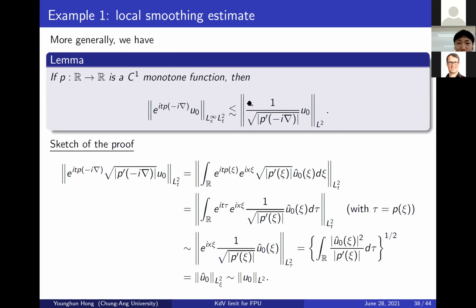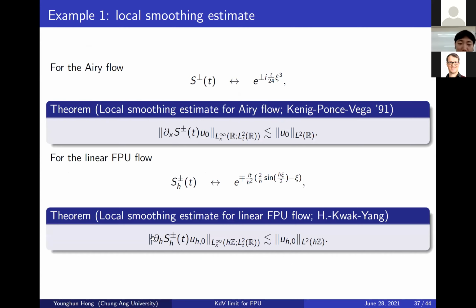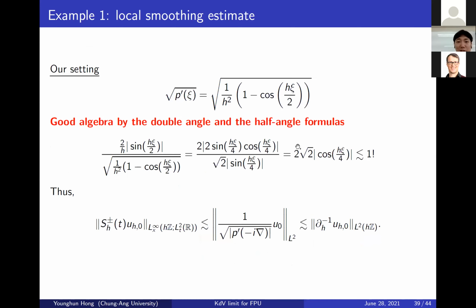So what this says is that we can gain some additional thing in general, but the problem is whether this is comparable with the derivative operator. In this FPU case, there is a good algebra for the trigonometric functions, so that we can prove local smoothing estimates for the FPU flow. But I want to say that this is not obvious in general.